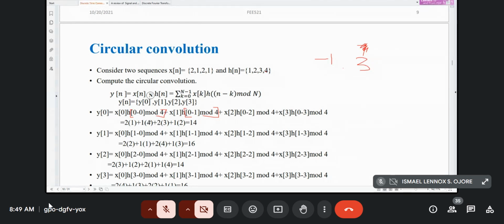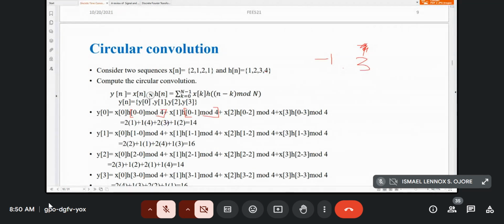So that is 3. So what you have is x of 1, which is 1, times h of 3, because this minus 1 mod 4 is 3. Then that gives us 4.